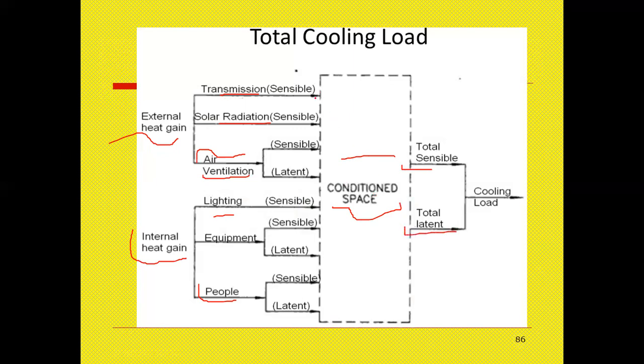We have 6 sensible heats and 3 latent heats. All together can be summed up to form a cooling load. Like this, the load calculations can be done for the external and internal heat gain process.